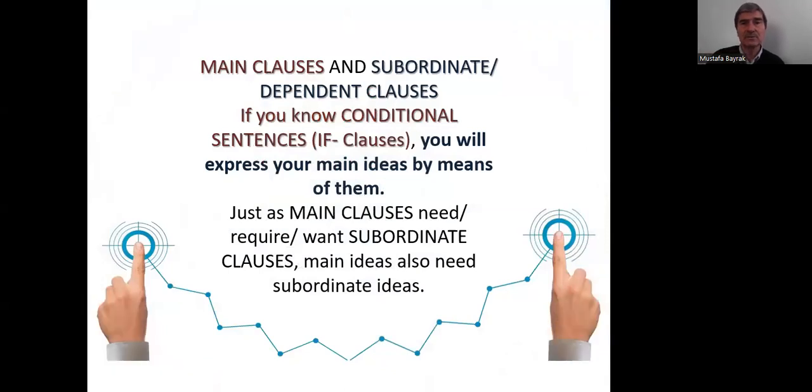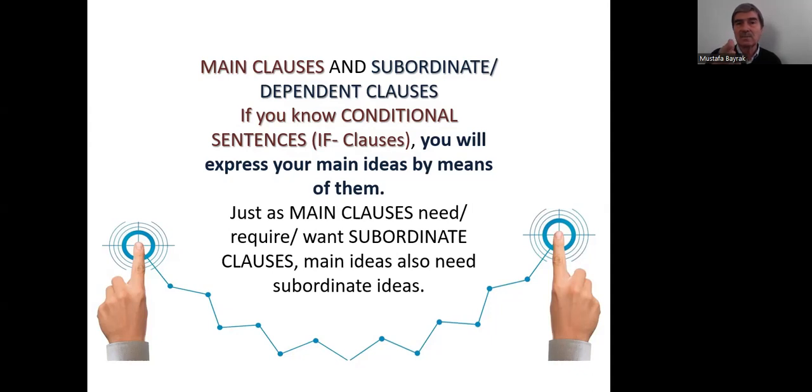Now, main clauses and subordinate or dependent clauses. They depend on the main clause, okay? For example, there are main streets in a city, and there are dependent streets, main streets and dependent streets. The branches of the main street.